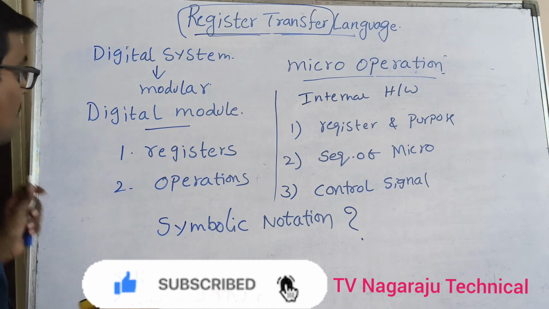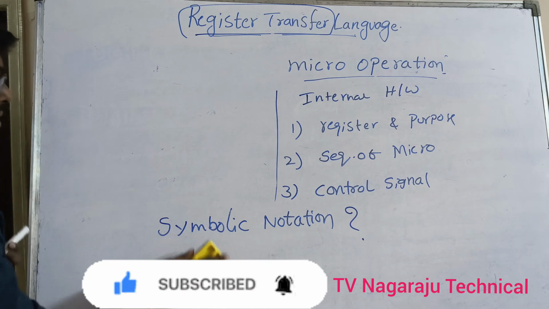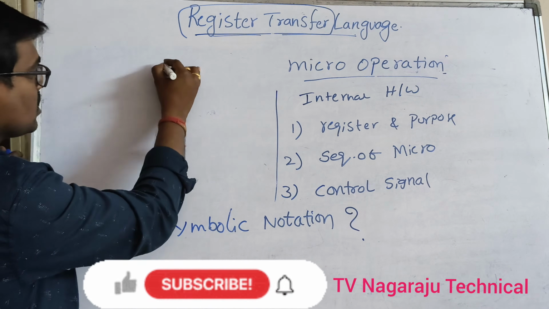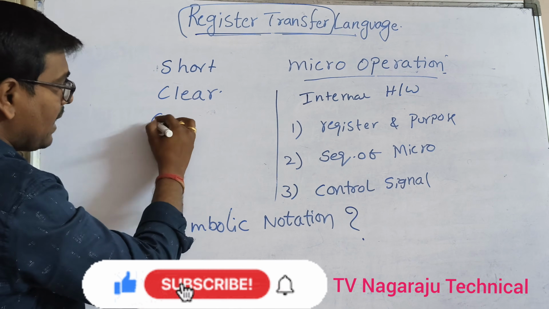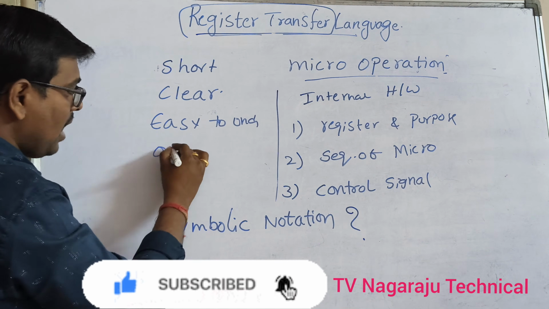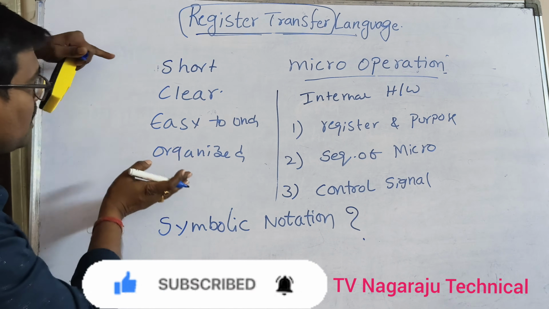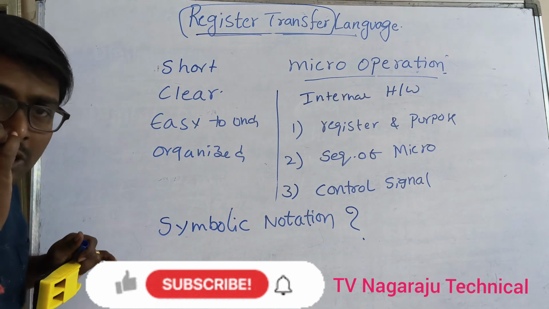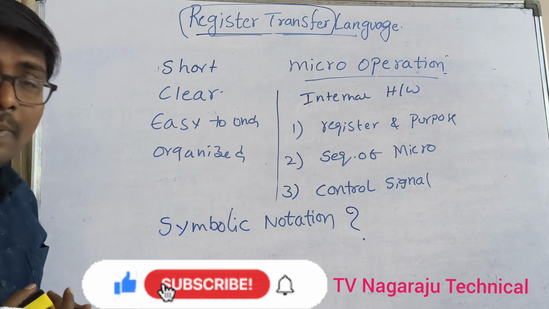What is the main advantage of register transfer language? The main thing is the symbolic notations are very short, clear, easy to understand and in an organized manner. If you are representing in symbolic notations, it is easy to understand, the notation is very simple, and it is in an organized manner.